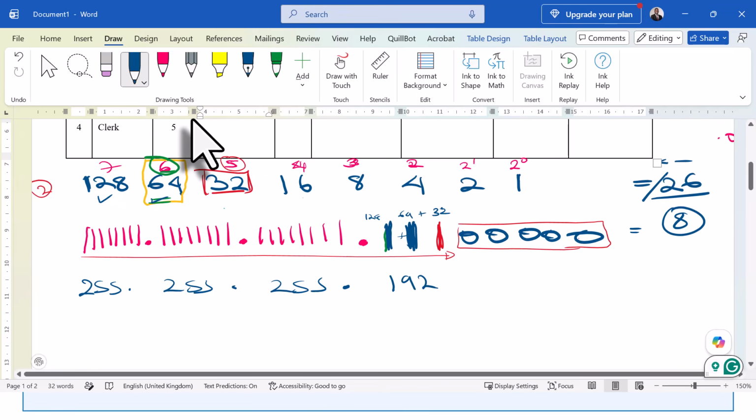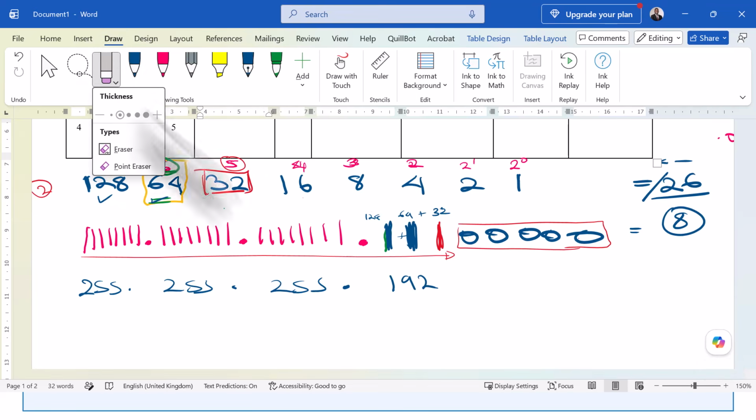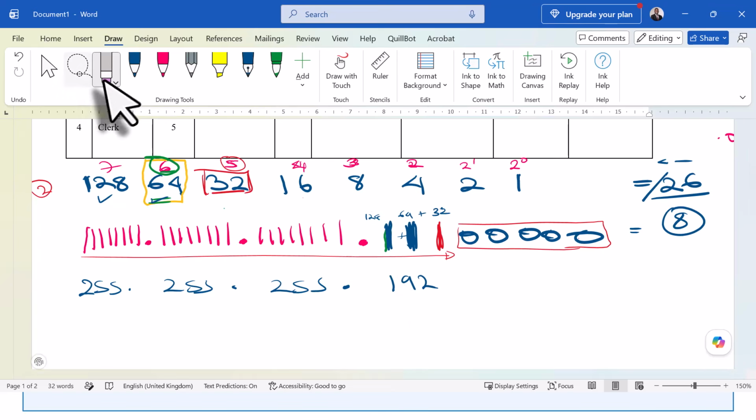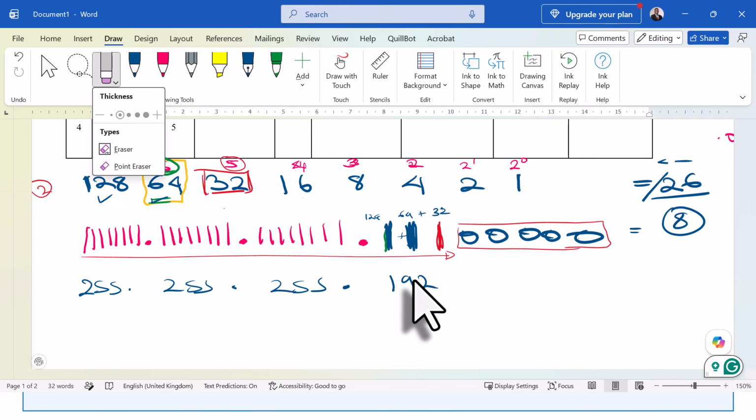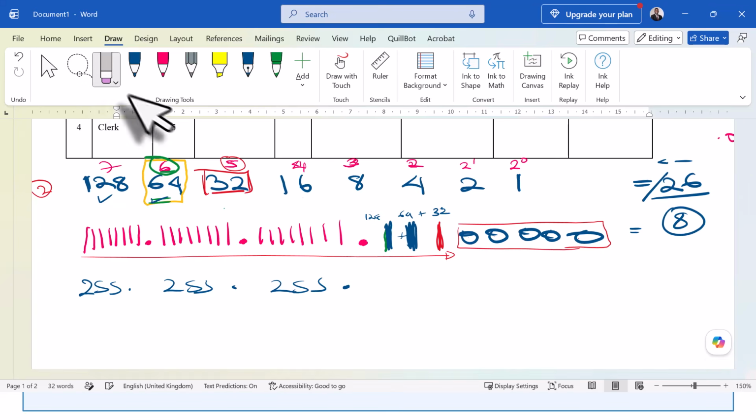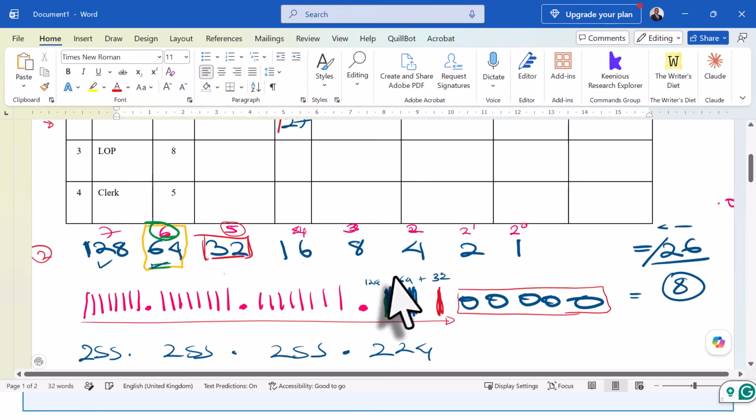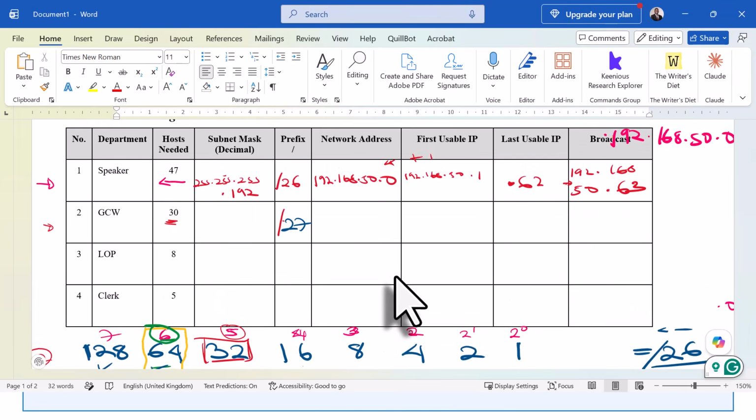So let me rub this away and come back here, and then it will be .224. So I come on my table and I write my subnet mask. So it is 255.255.255.224 with a prefix of 27.